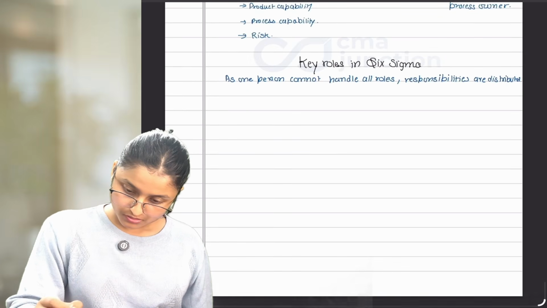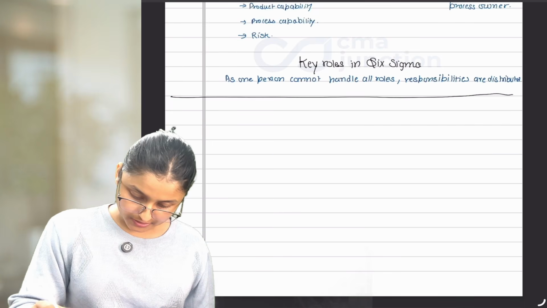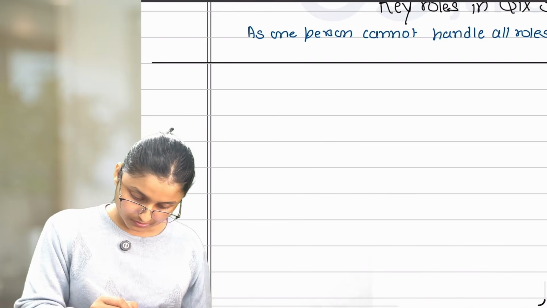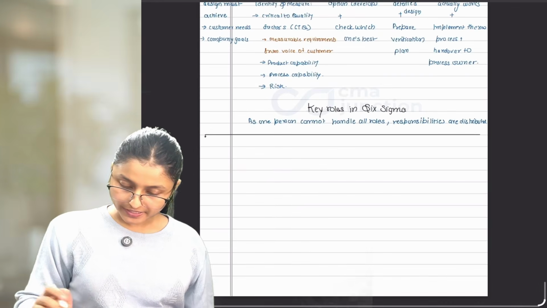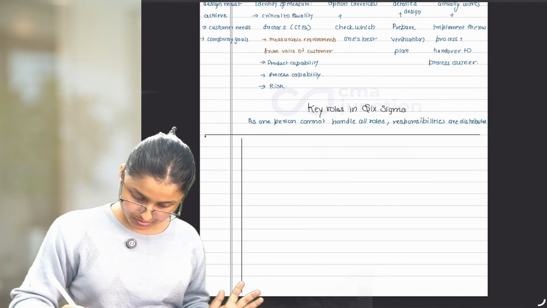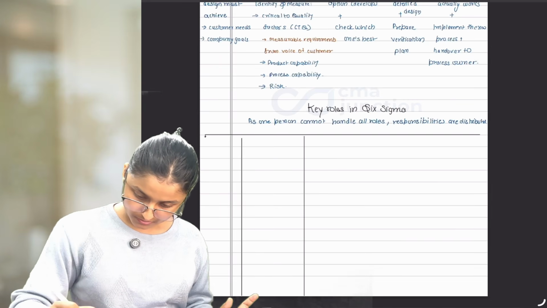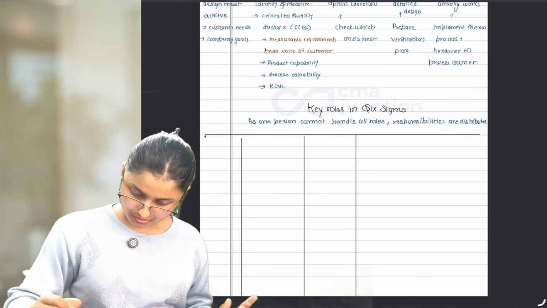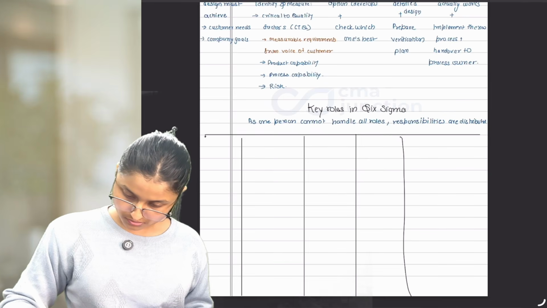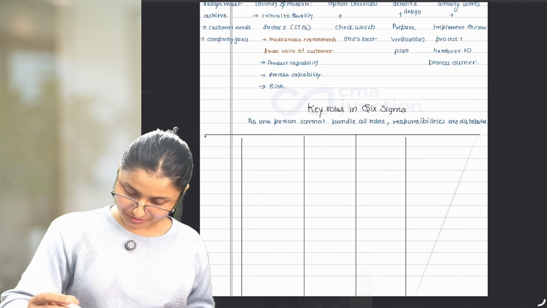Now here we have 7 different categories. So let me just divide them with the help of a table. So 1, next 2, 3, 4, 5. We have to make more space.